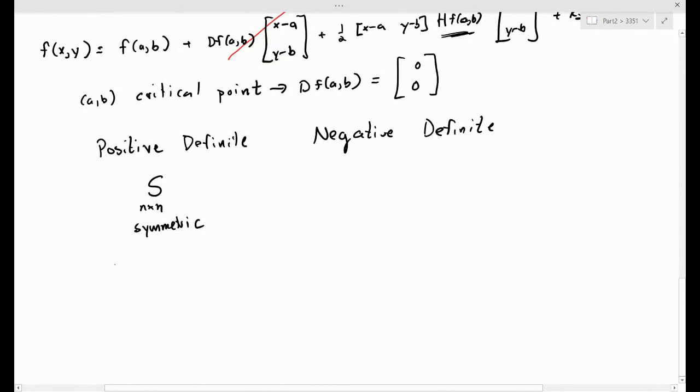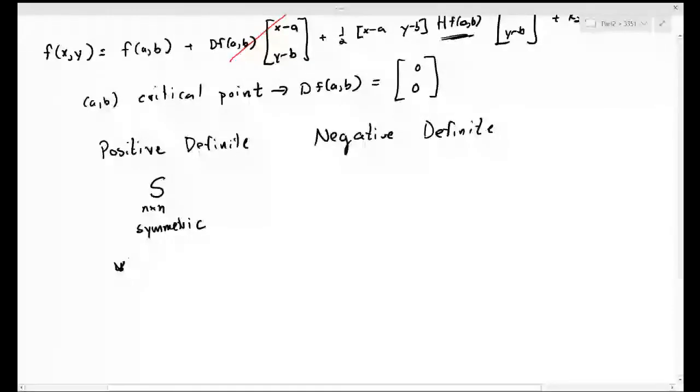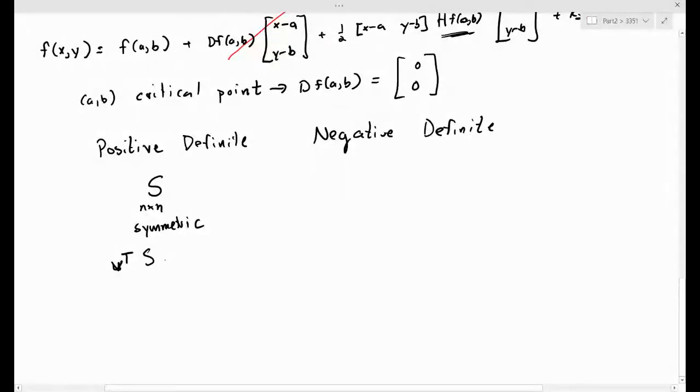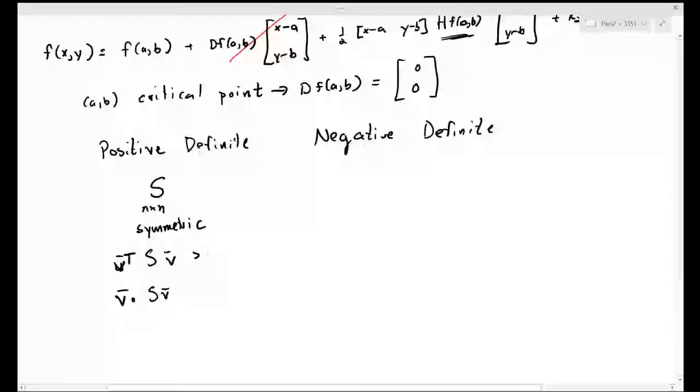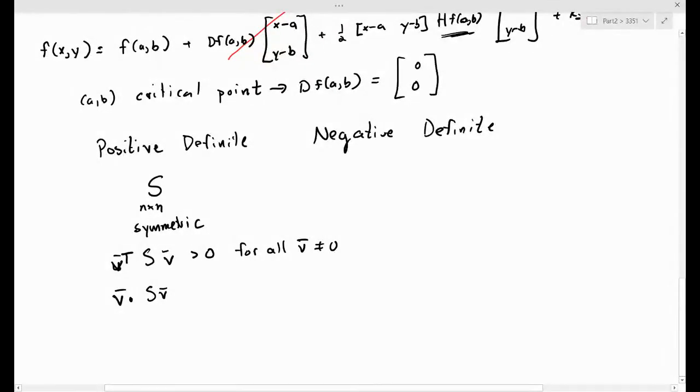Then if you have V transpose times S times V, or maybe you see this written as V dotted with S times V, if you will. If that's always positive for all non-zero vectors, then we say that S is positive definite.